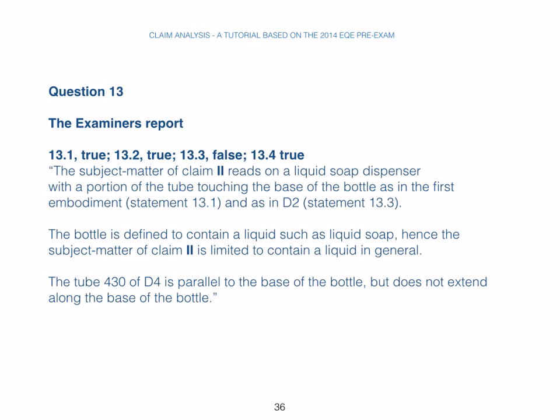Hence, the subject matter of Claim 2 is limited to contain a liquid in general. And the tube 430 of D4 is parallel to the base of the bottle, but does not extend along the base of the bottle. So there are the examiner's explanations.